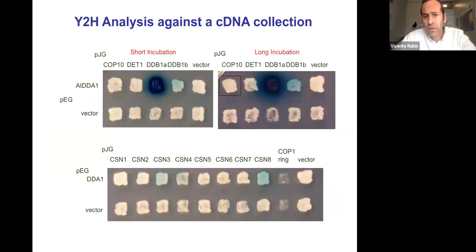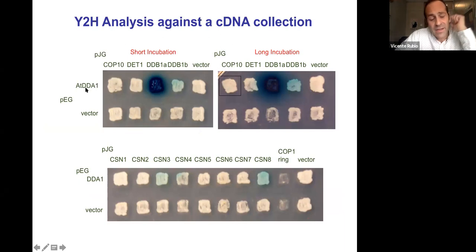You can do it the other way around, just checking a collection of proteins that are expected to interact or that are part of a specific biological process. So this was a screen that I carried out while I was a postdoc using a specific protein.